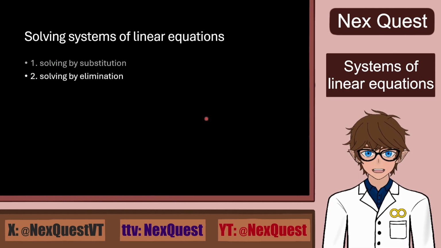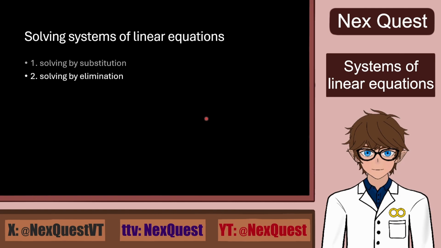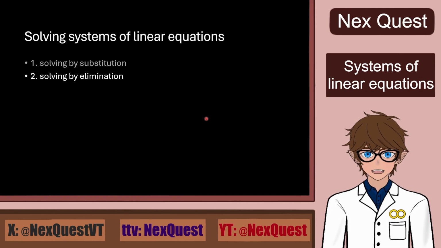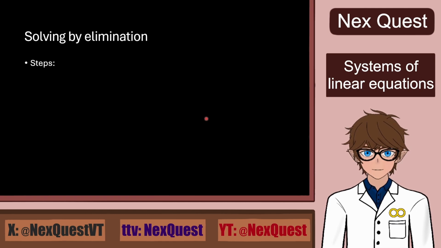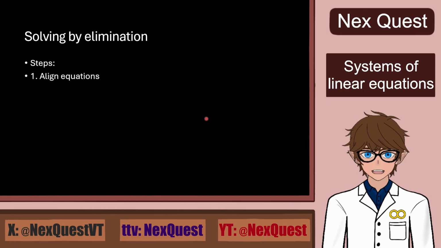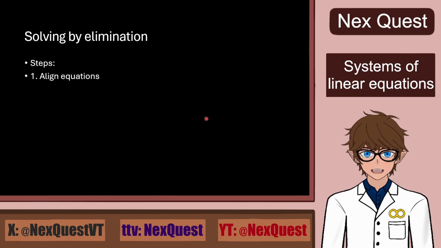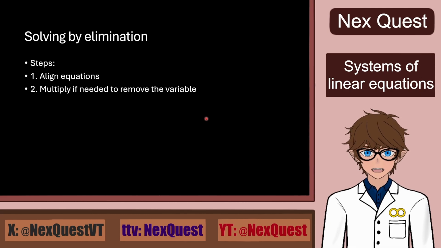Now, the second process is solving by elimination, which is a faster way. It's essentially just adding together or subtracting two equations, and it helps us get rid of an entire variable by doing so. So first, we align equations, so it's easier to see the variable that we're going to eliminate. Multiply if needed to remove the variable.